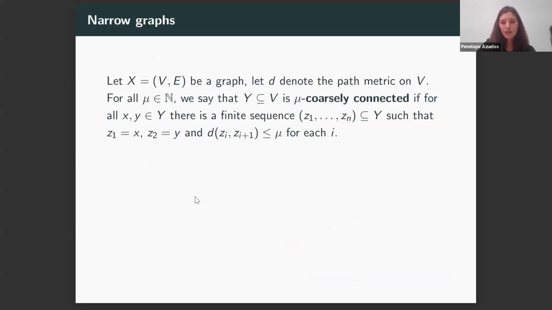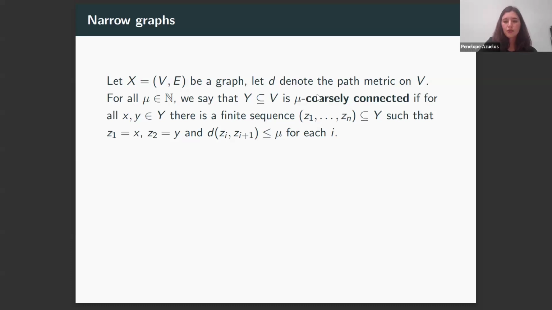I'll go through the definition, and then I'll do an example so you can see what behavior this is trying to capture. So for a graph X with vertex set V and edge set E, D is going to be the path metric. I'm really only interested in the vertices, or any subspace that I consider will be a set of vertices.